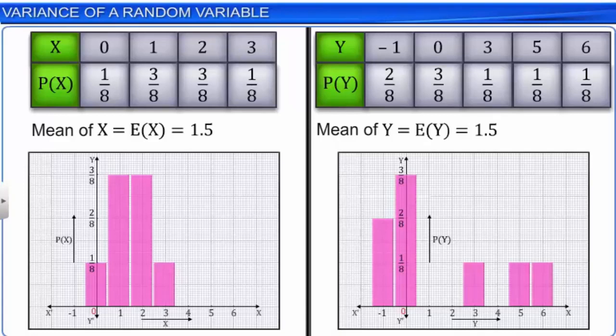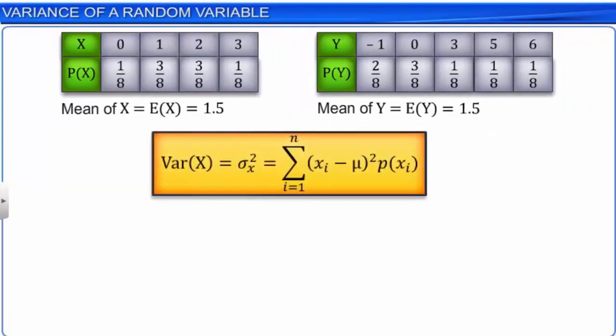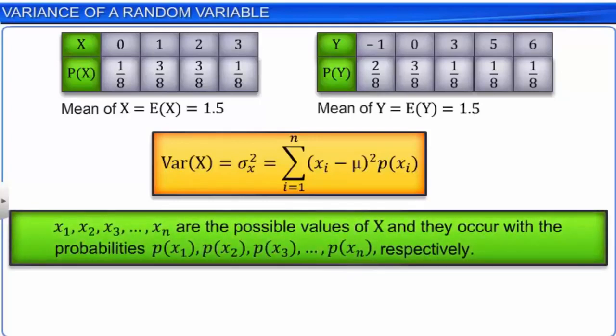In a probability distribution of random variable x, the variance of x is given by the formula sigma x squared, which is equal to the summation of xi minus mu whole squared multiplied by p of xi, where i is running from 1 to n, and x1, x2, x3, and so on till xn are the possible values of x, and they occur with the probabilities p of x1, p of x2, p of x3, and so on till p of xn respectively.